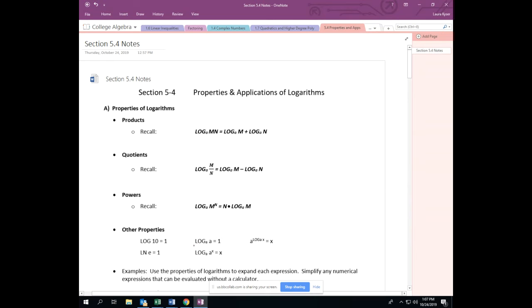So these are very particular ones that happen in certain scenarios where you have matching logs and bases here, but it just kind of depends on the question.